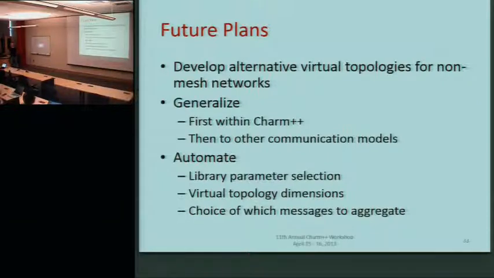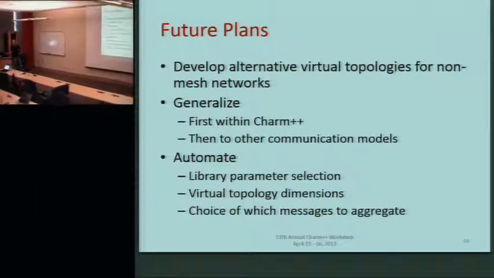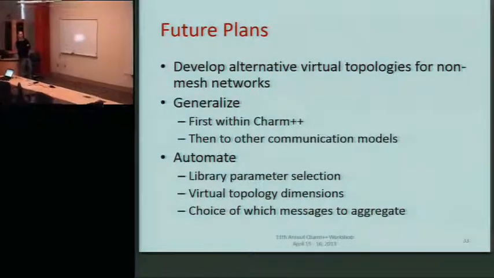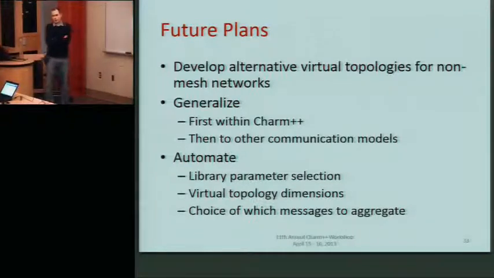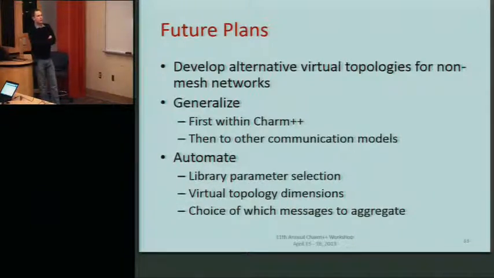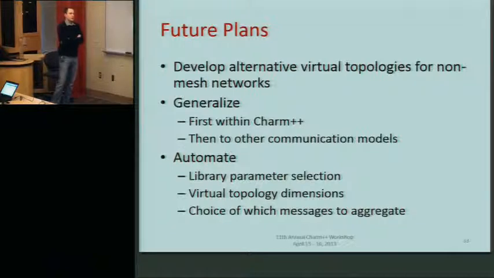So here I'll briefly talk about what are my future plans for developing this approach further. So currently, TRAM is a library, which means that users have to be aware of it and have to tune it and implement its usage into their applications. And it turns out that that's a little more involved than you would like it to be.